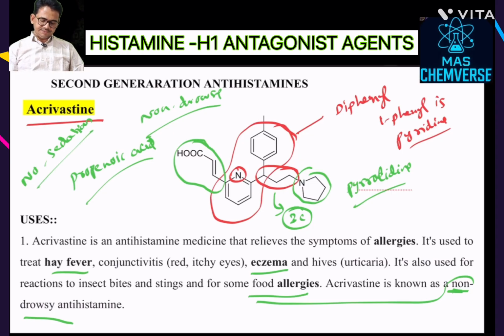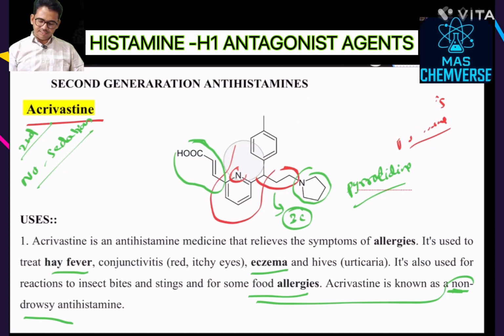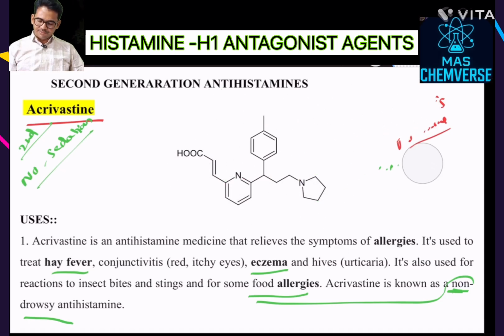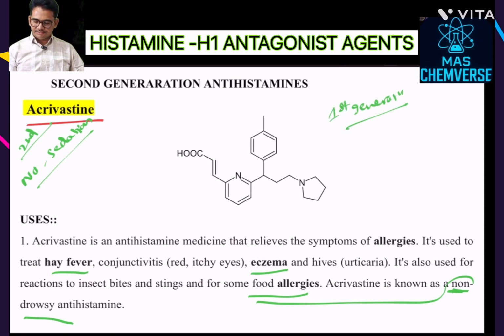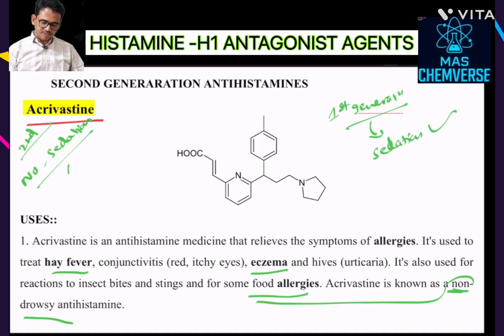This is the difference between first generation and second generation. Second generation, no sedation. What we observed, second generation does not cause sedation, but first generation causes sedation. That is the difference.